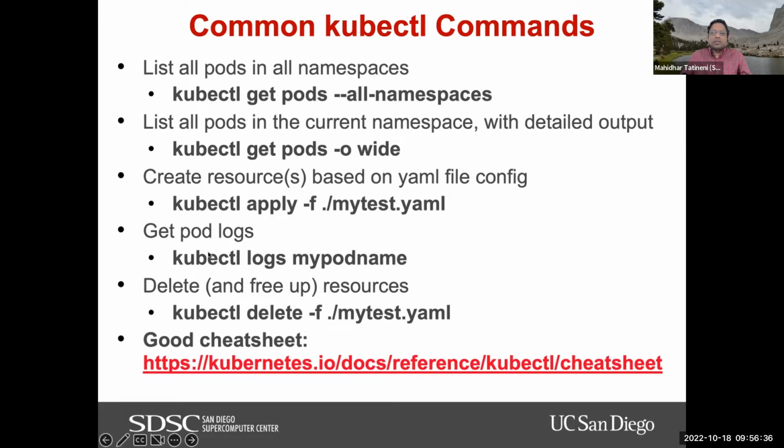All the standard output goes into these logs, in addition to other things if there are errors and so on. So you can do kubectl logs and the name of your pod, and that will give you the logs for that particular pod. And I'll do a demo showing all of these commands. And once you're done, one thing you have to remember is this object is persistent, so you need to delete it explicitly when you're done. And there's a nice cheat sheet reference I have with more commands if you're interested.